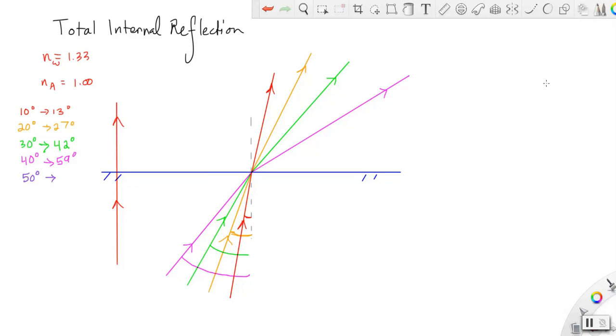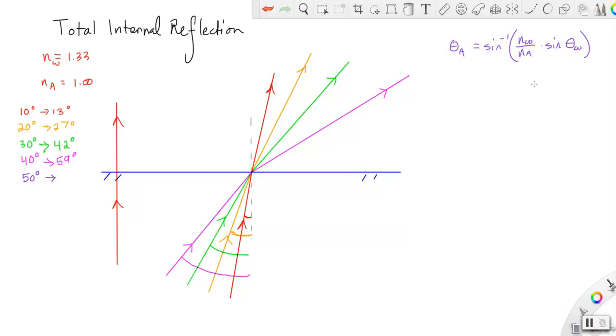Okay, so if we run this through our calculator, we should be calculating that the exit angle, theta air, is equal to the arc sine of the index of refraction of water over the index of refraction of air times the sine of, and in this case we're going to do 50 degrees, but I'm going to go ahead and write theta water here.